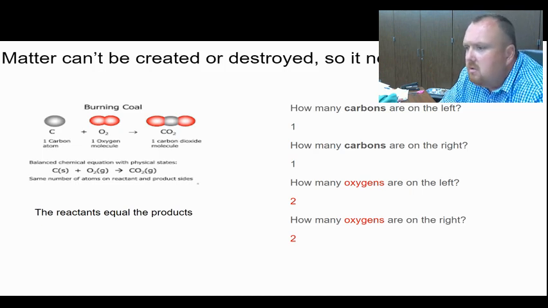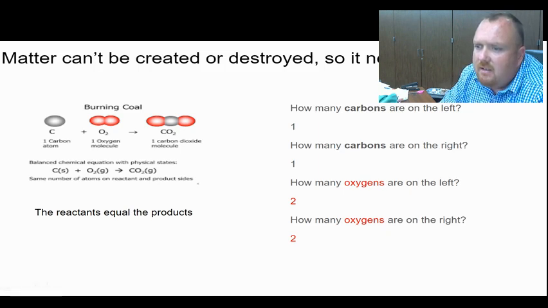Sorry, got a little tricky. Now we have two reds right here. We have two oxygens in the reactants. We will have two oxygens in the products. Whatever we start out with is what we end up with. That's why we say that the reactants equal the products.